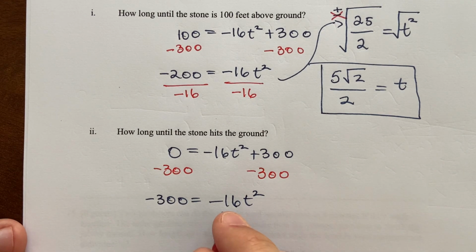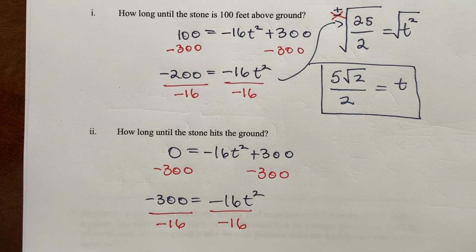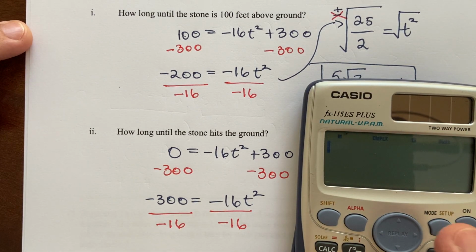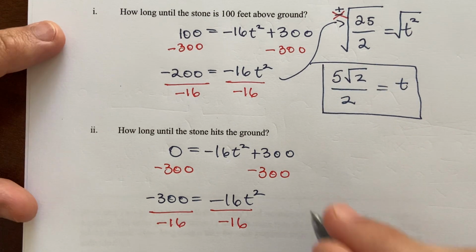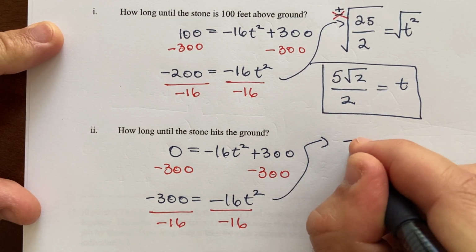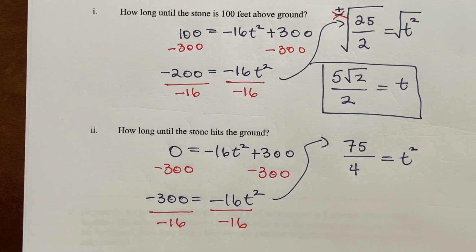Divide by -16. So -300 over -16 is 75/4. So I'll write that down. So 75/4 equals t squared.